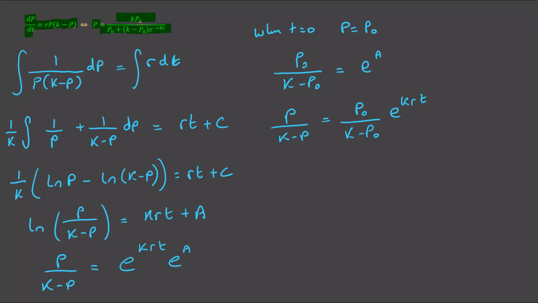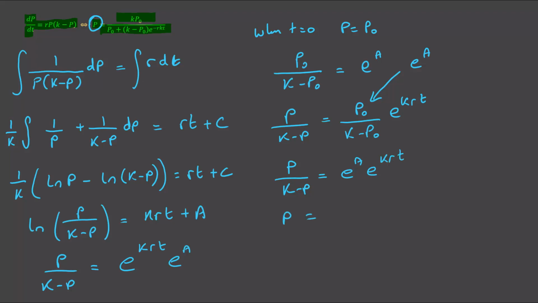Now we want the solution to be p equals. So for ease of algebra, it might be best just to keep referring to this as e to the a for now. So we have p over k − p is e to the a, e to the krt.